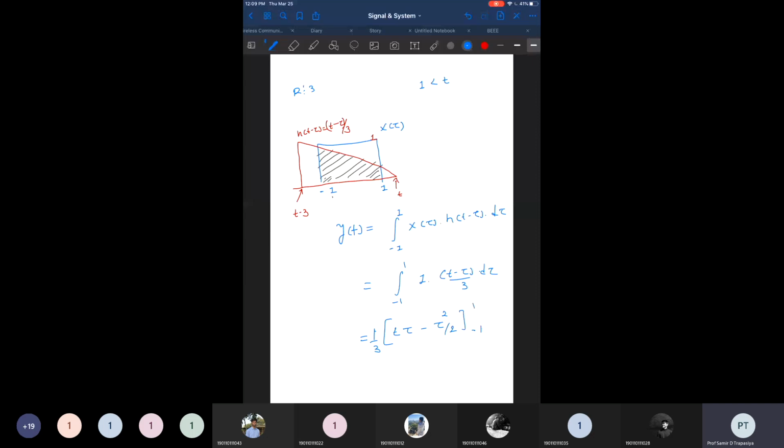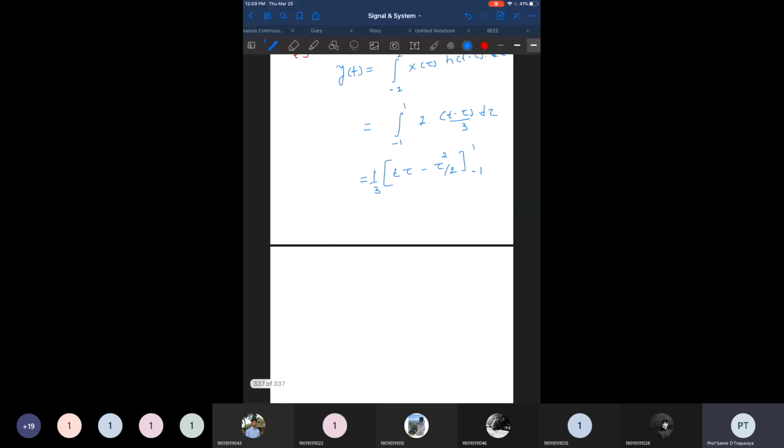And here, if we apply this limit, 1 is applied first, t minus 1 half, then minus 1 is applied, so minus minus plus.